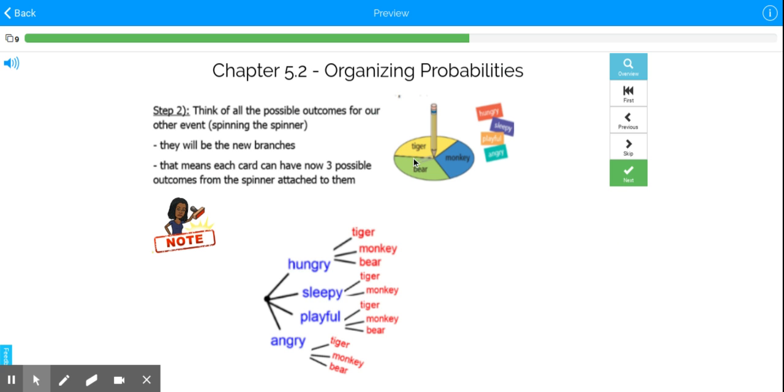All right, now we just follow the branch from the dot. Again, making a note, you can bring out highlighters or colored pencils or colored markers. So you can have a hungry bear, a playful tiger, a sleepy monkey. Notice how they're abbreviated at the bottom. Again, make a note, add that color in.